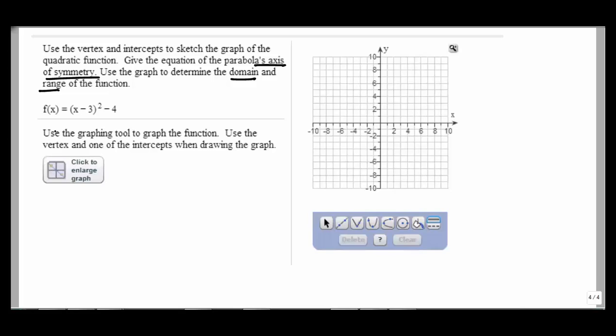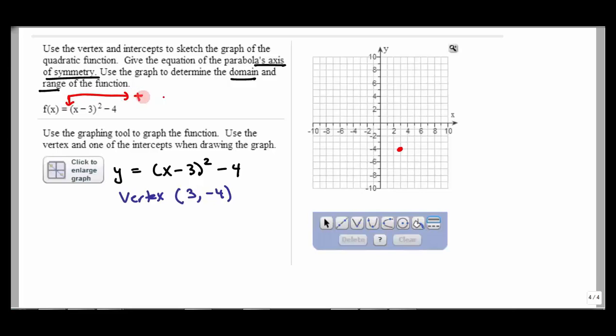So it looks like we have quite a bit going on here. To get started, let's think about what the vertex is here. So I have y equals (x minus 3) quantity squared minus 4. My vertex is going to be opposite of what's inside here, so it'd be positive 3, negative 4. So let's do that. Starting at 0, positive 3: 1, 2, 3, then down 4. So this is my vertex. Now also, I know that this is a parabola that opens up.